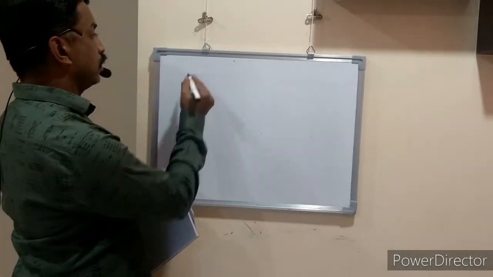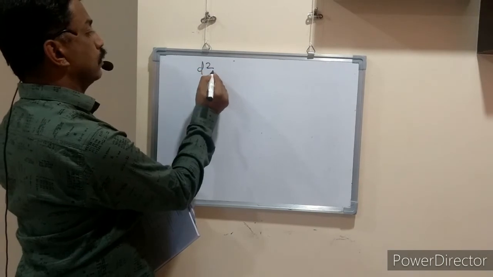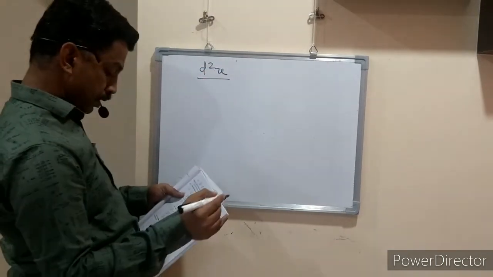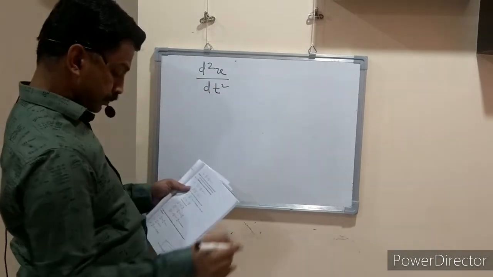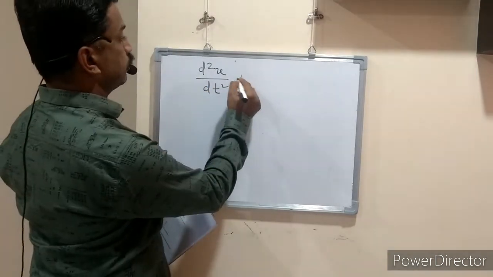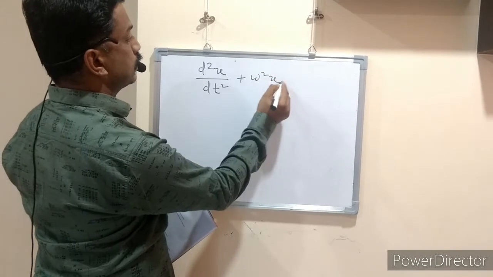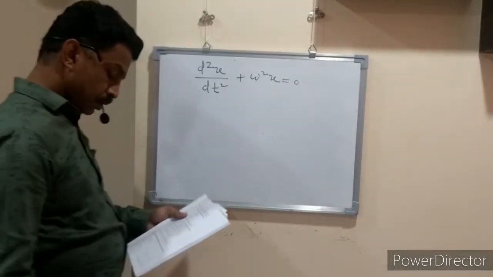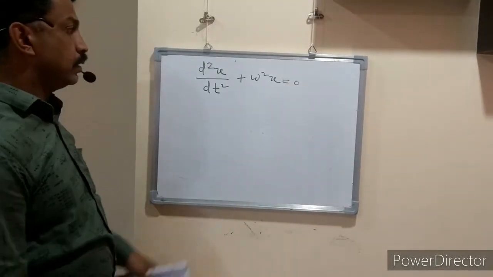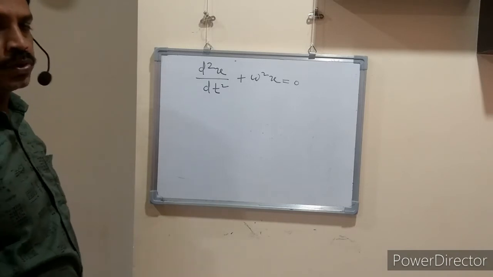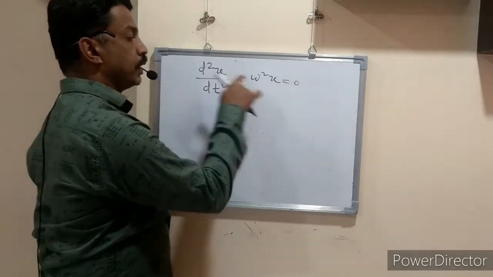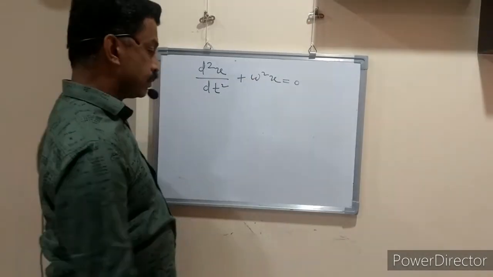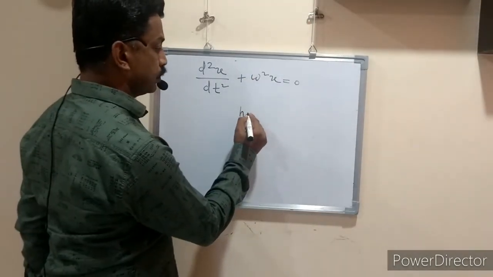Suppose d2x by dt square plus omega square x equal to 0. Now is this equation homogeneous, non-homogeneous, linear, non-linear? Here the dependent term is present in each term, so it is homogeneous.